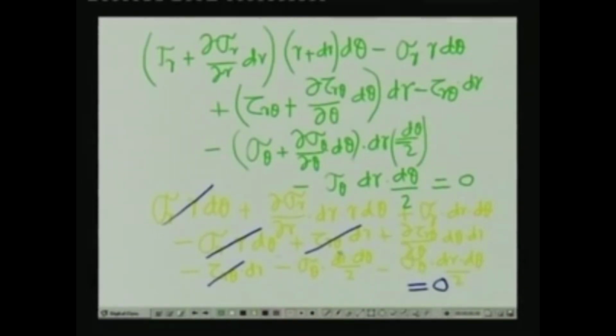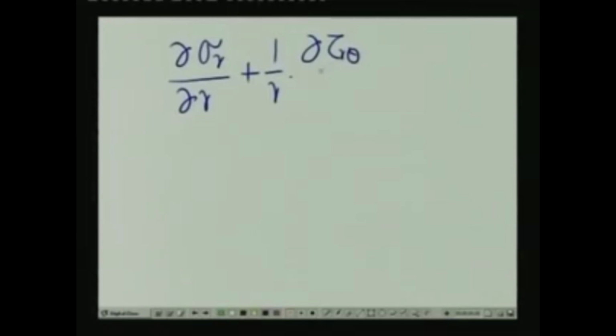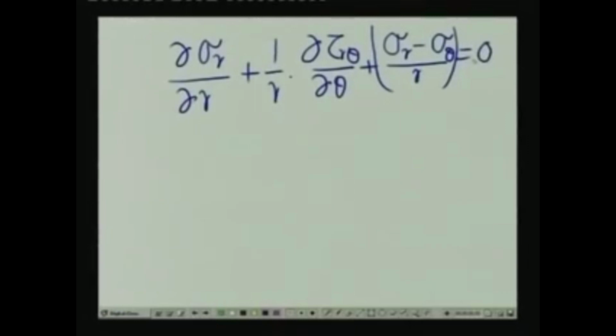If we divide the whole thing by dr d theta, what is left is del sigma r by del r plus 1 by r del tau r theta by del theta plus sigma r minus sigma theta by r, equal to 0. So, this is the equilibrium equation in the radial direction.